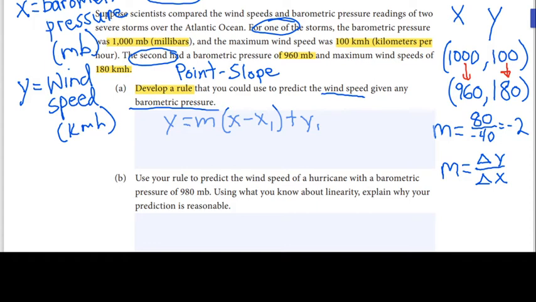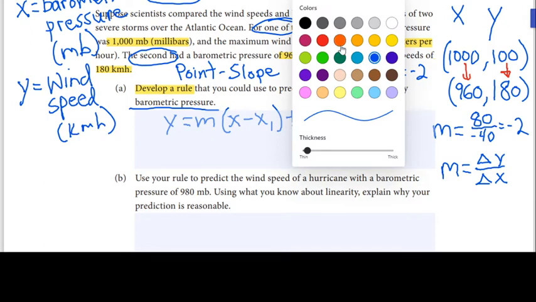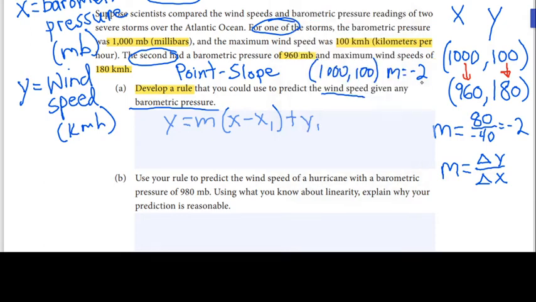Okay, so if we have a slope and a point, we can go ahead and put it into this formula. So what I'm going to do is use this right here. I'm going to use the point 1,000, comma, 100 as my point, and I'm going to use my m as -2, right? So just like we practiced a little bit of those, all we have to do now is go up here and substitute in for m, we're going to put in -2.